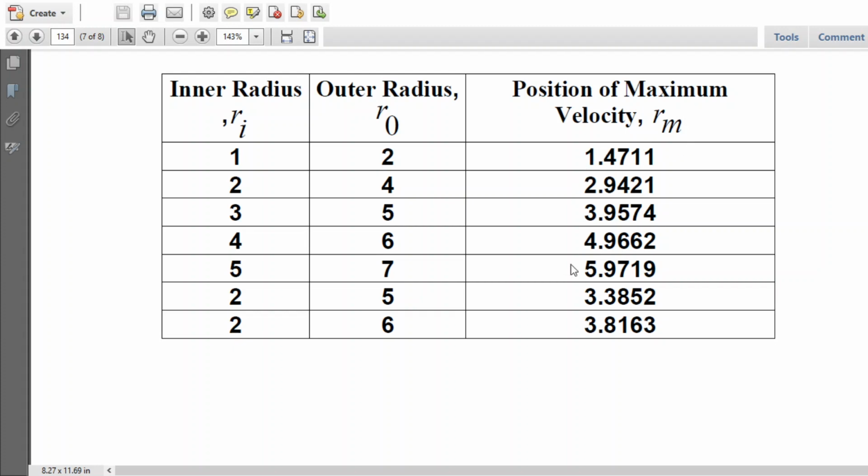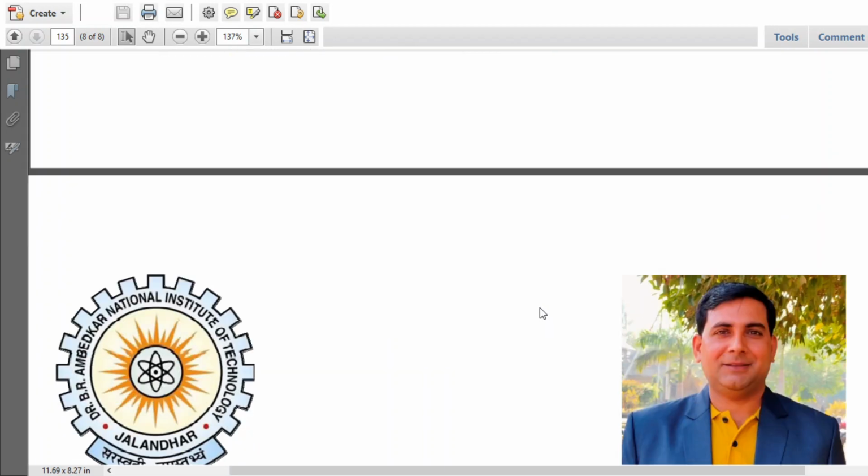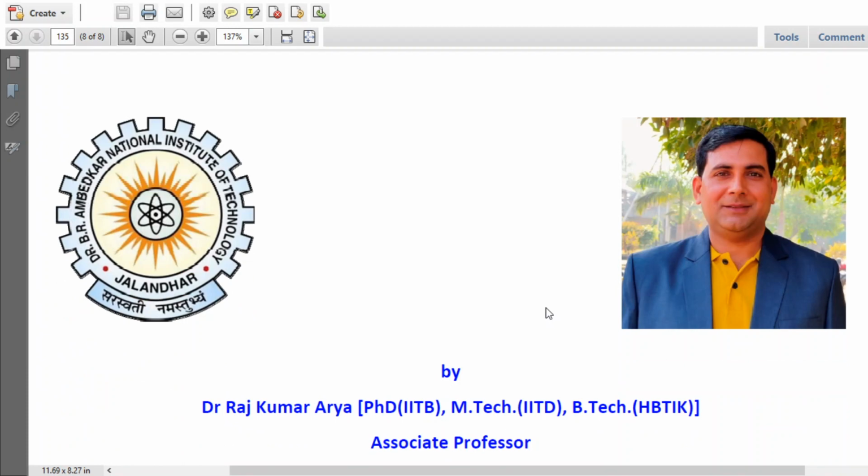All these values show we are always close to the inner radius for the maximum velocity. So this is all about the flow of Newtonian fluid in the annulus. Thank you.